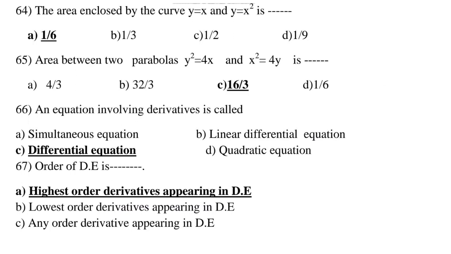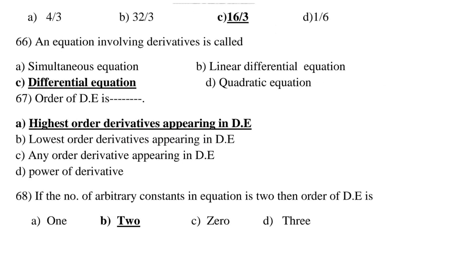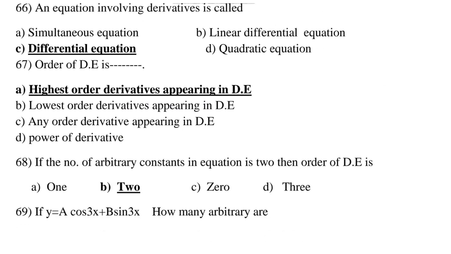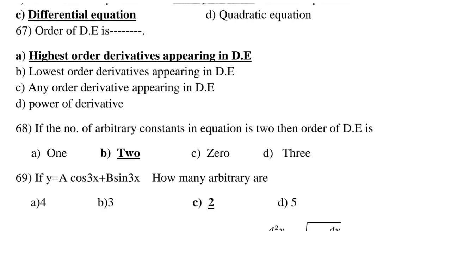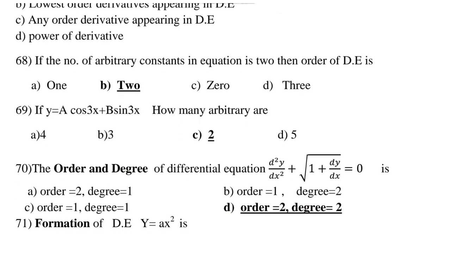Question number 66 is an equation involving derivatives, it is called as differential equation. Order of differential equation is highest order derivative appearing in differential equation. If the number of arbitrary constants in equation is 2, then order of differential equation is 2.